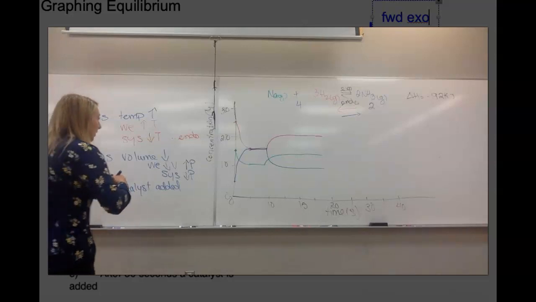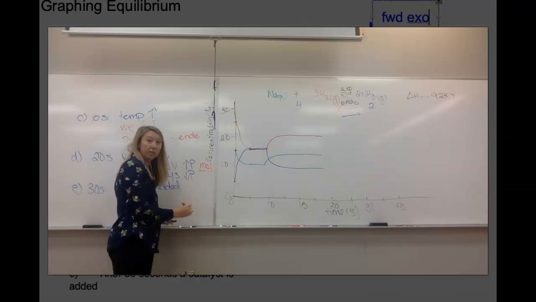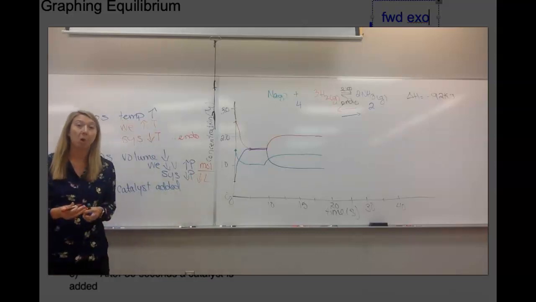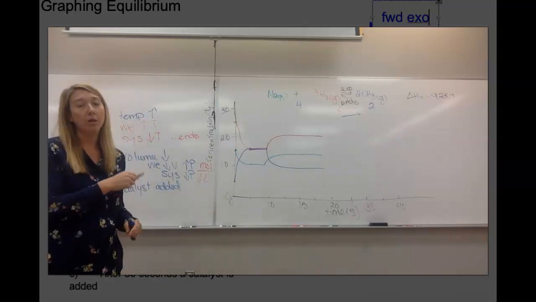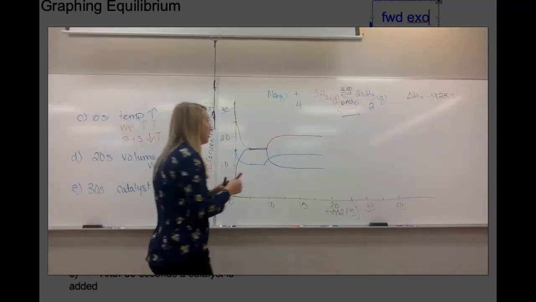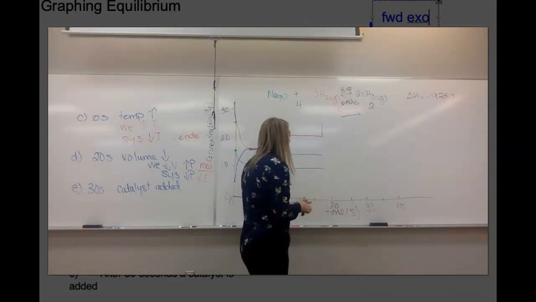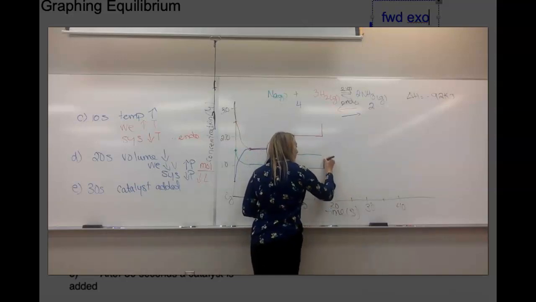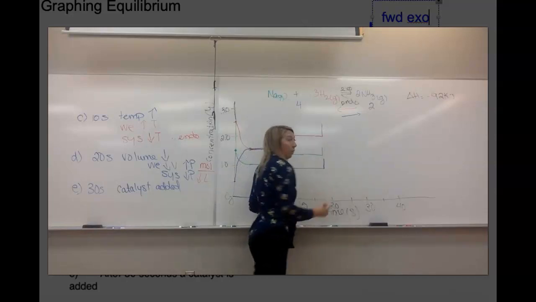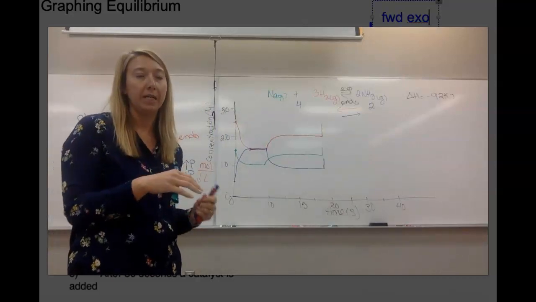So if we think about concentration, and the fact that concentration is measured in terms of moles per liter, by decreasing the volume, we just made the number on the bottom smaller, which means that all of our concentrations will all have increased. So we're going to draw a vertical line going up because they've all increased for every single one of these. Okay, so that vertical line going up is the impact of the volume change on my system at equilibrium.